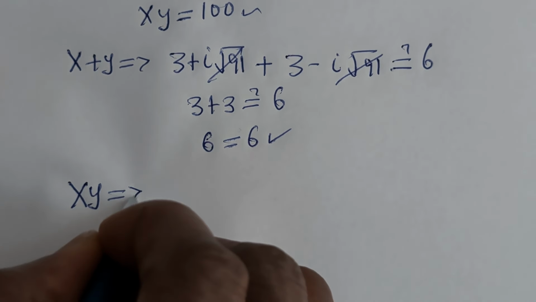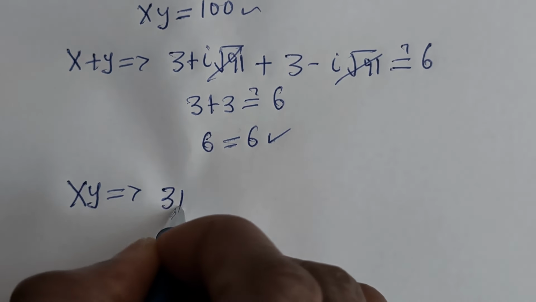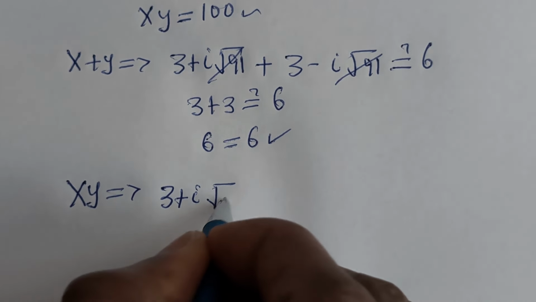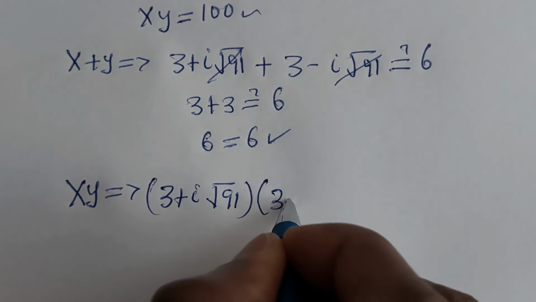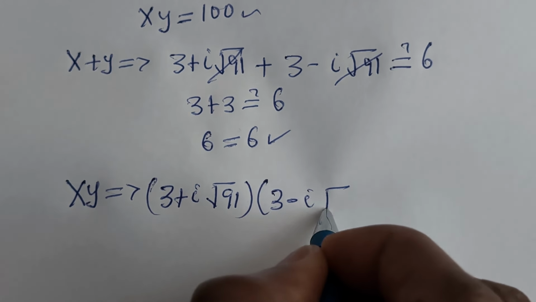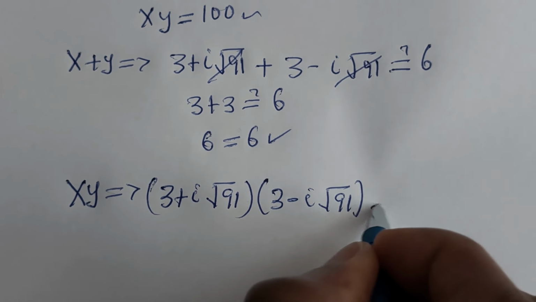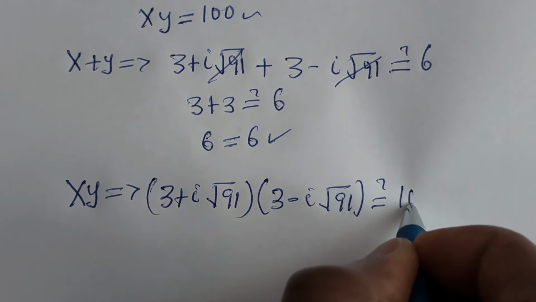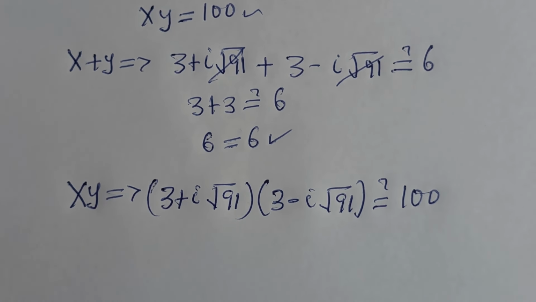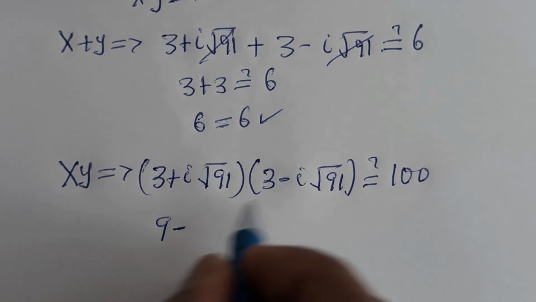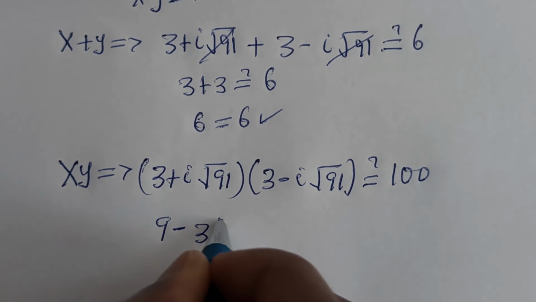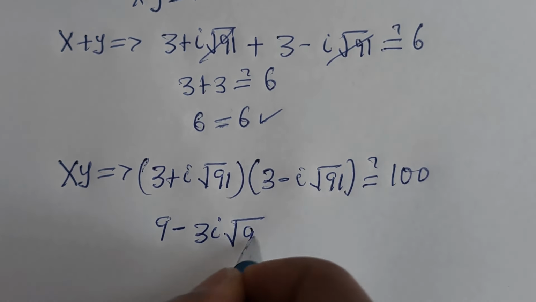sy, this is 3 plus i root 91 multiplied by 3 minus i root 91 must be equal to 100. 3 times 3, this is 9, minus 3 multiplied by i root 91, this is 3i square root of 91.